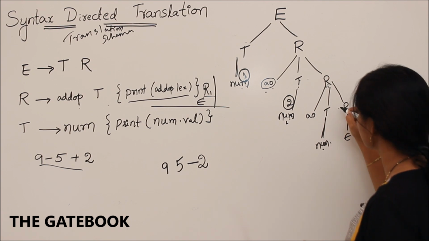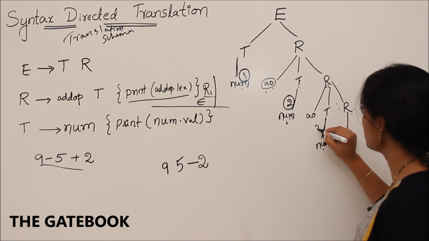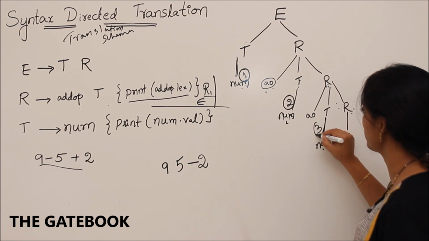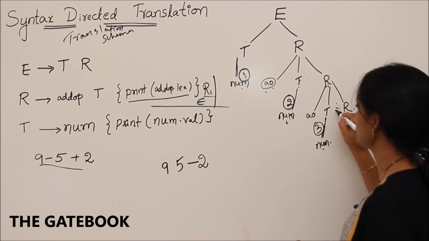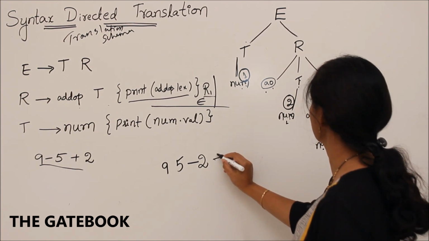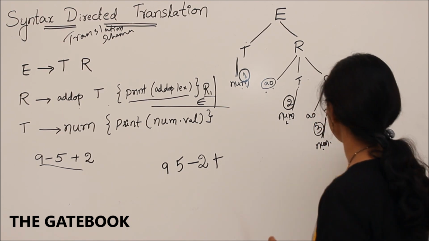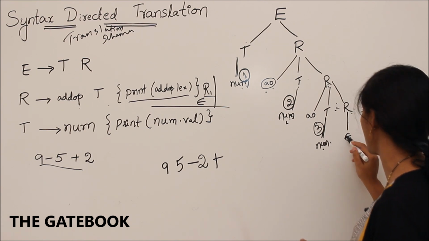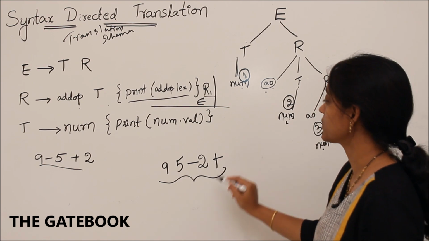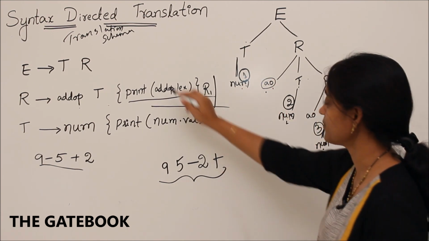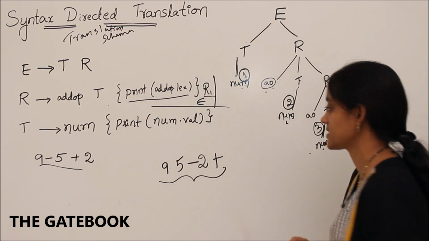And then before evaluating R, this will be the third one, we should print the value of operator, that is nothing but plus, and then we are done, right? Because as part of this we don't have any semantic rule. So this is the output of this parse tree if I apply the semantic rules as per this translation schema.